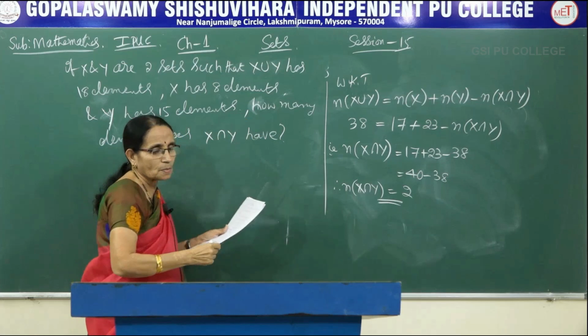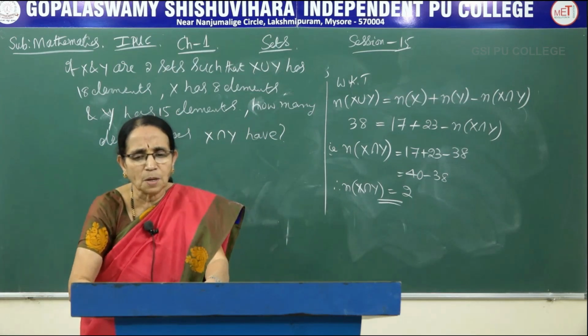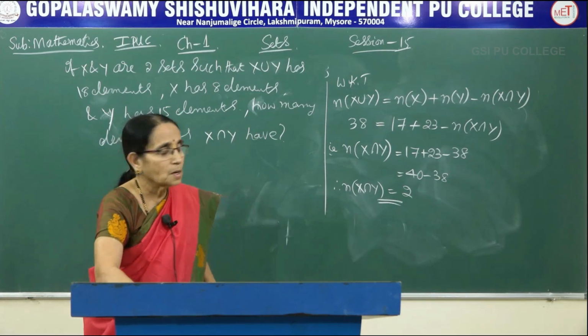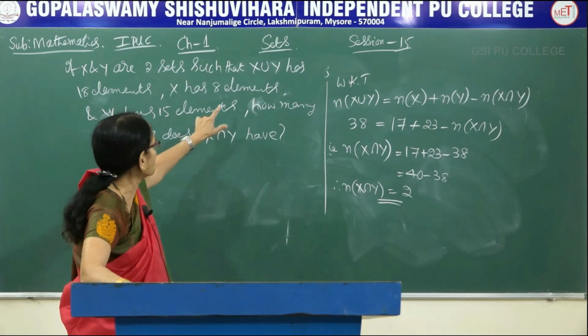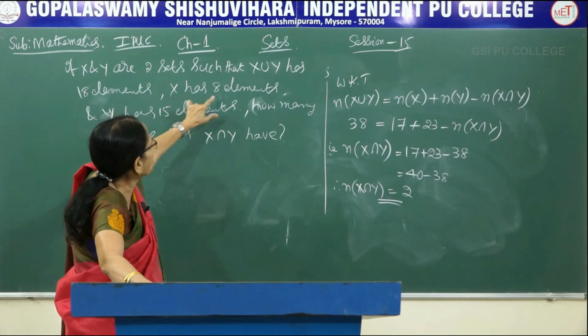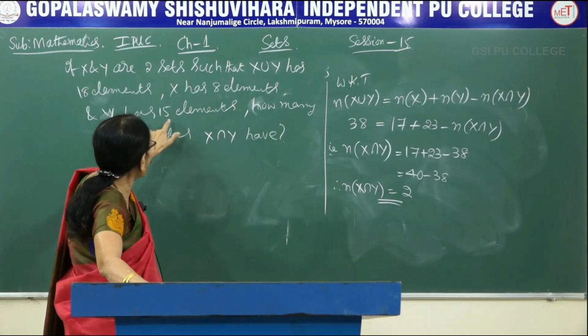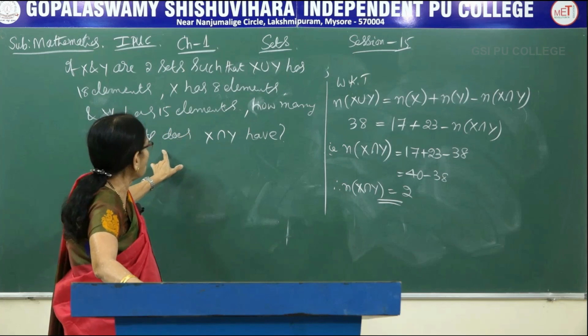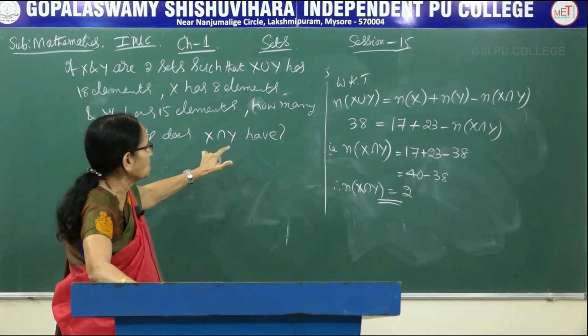This is the question. Now it is also a statement problem only. If x and y are two sets such that x union y has 18 elements, x has 8 elements, y has 15 elements, how many elements does x intersection y have?